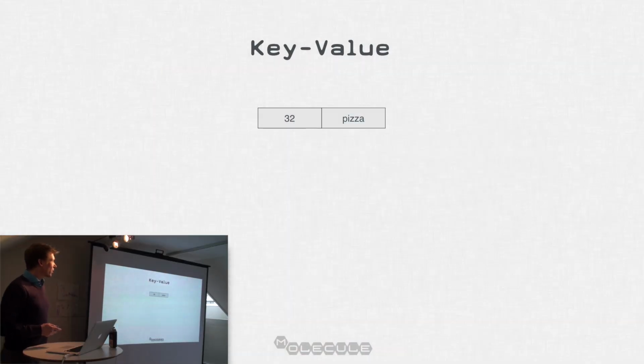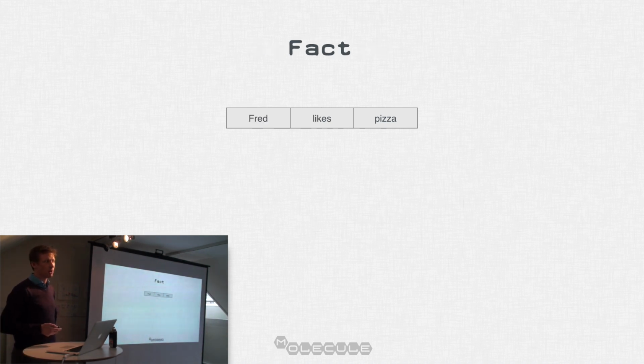If you look at the most basic data model you can have, there will be a key and a value, but it doesn't really tell us that much. It tells us about a number and some string, so we don't know where it comes from and what the purpose is. So if we expand it a little bit, we could talk about the fact that, for instance, Fred likes pizza.